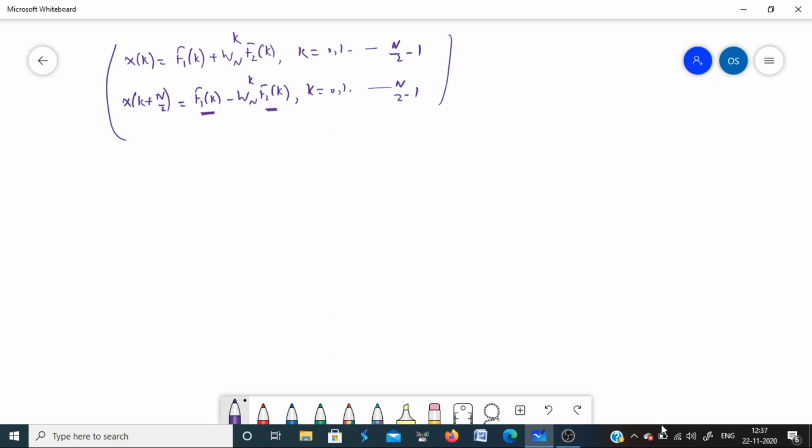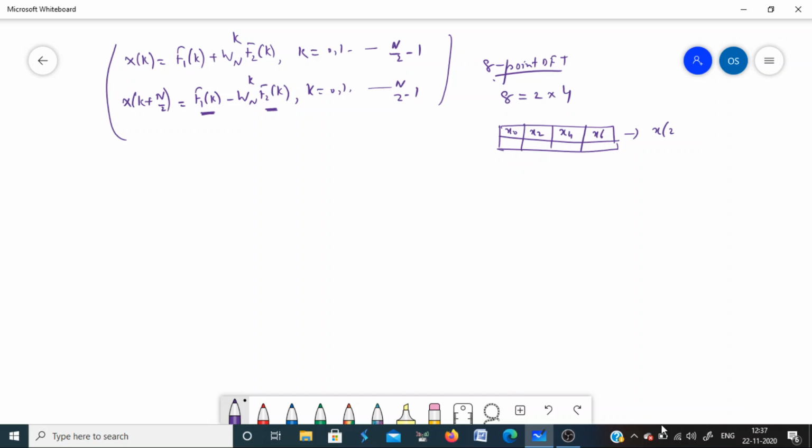Okay, so it means if you want to compute the 8-point DFT of any sequence, what we have done is that we have decomposed N as 2 into 4. So we have separated the even and odd samples: x0, x2, x4 and x6.